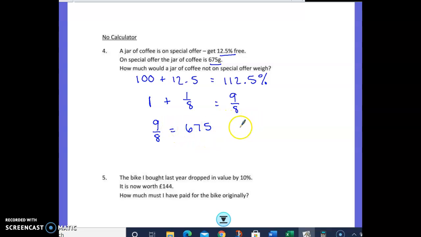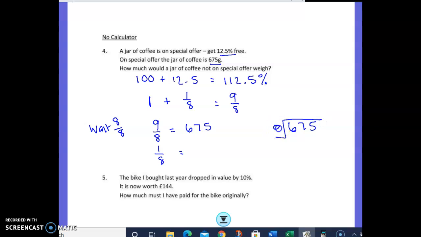I want 8 eighths, because 8 eighths is one whole or 100%. Okay, so that's what I'm aiming for. If I've got 9 eighths, I'm going to start by finding 1 eighth. And I'm going to find 1 eighth by dividing by 9. So I'm going to do 675 divided by 9.